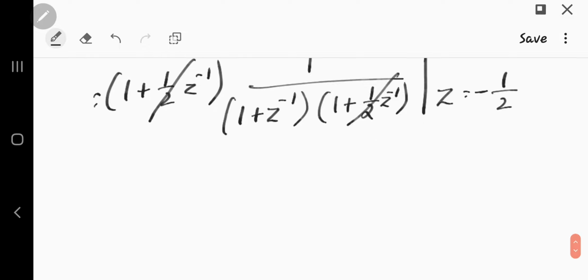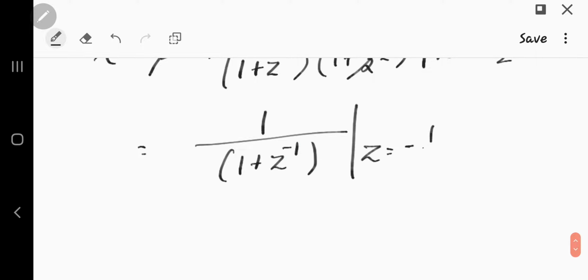These two get cancelled, leaving 1 divided by 1 plus z inverse with z equal to minus 1 by 2.